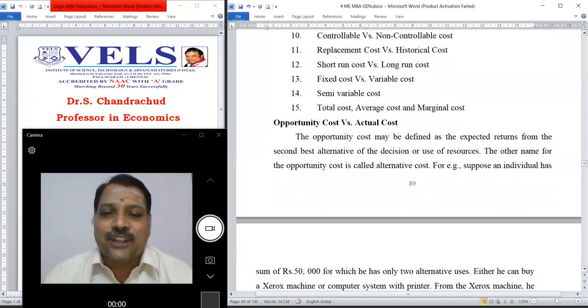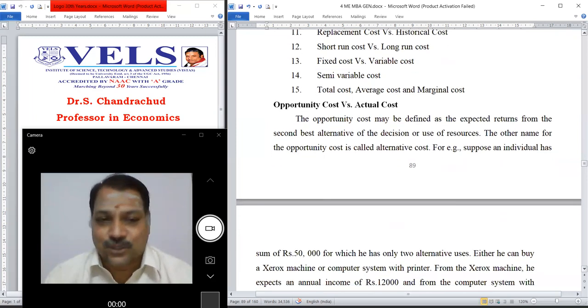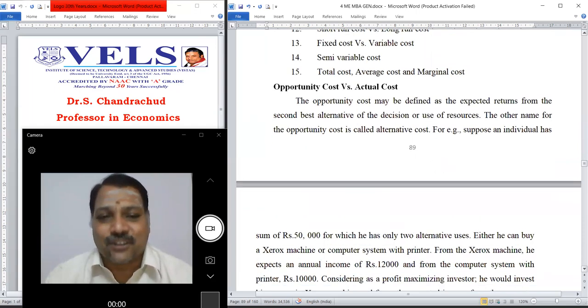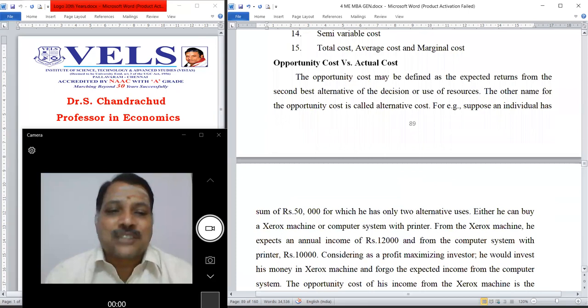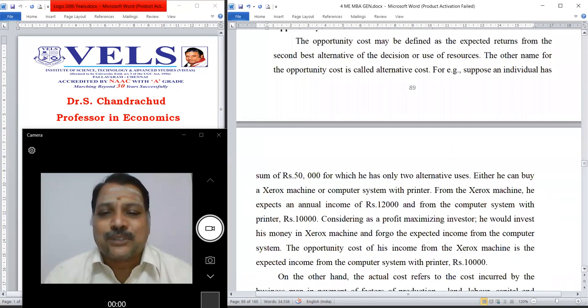The opportunity cost may be defined as the expected return from the second best alternative use of resources. The other name for opportunity cost is alternative cost. For example, suppose an individual has a sum of rupees 50,000 for which he has only two alternative uses. Either he can buy a Xerox machine or a computer system with printer.